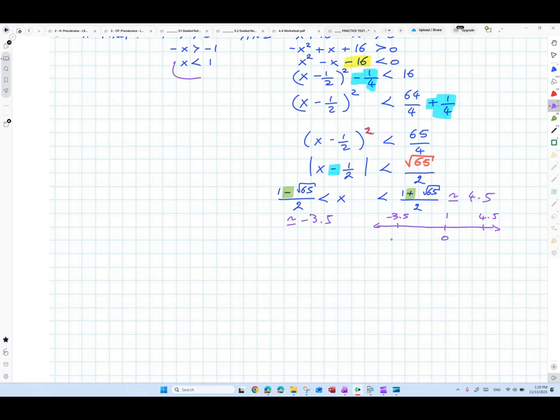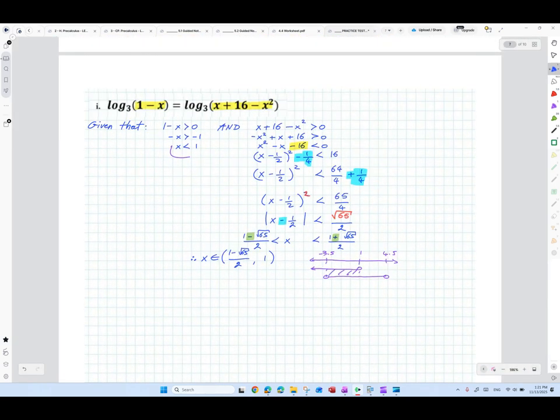So x needs to be less than 1 and in between those two values, which means that this will constitute my domain of validity. With the help of that number line, there is no need, strictly speaking, to report it, but the domain of validity would be such that x belongs to 1 minus square root of 65 over 2, 1, both excluded.